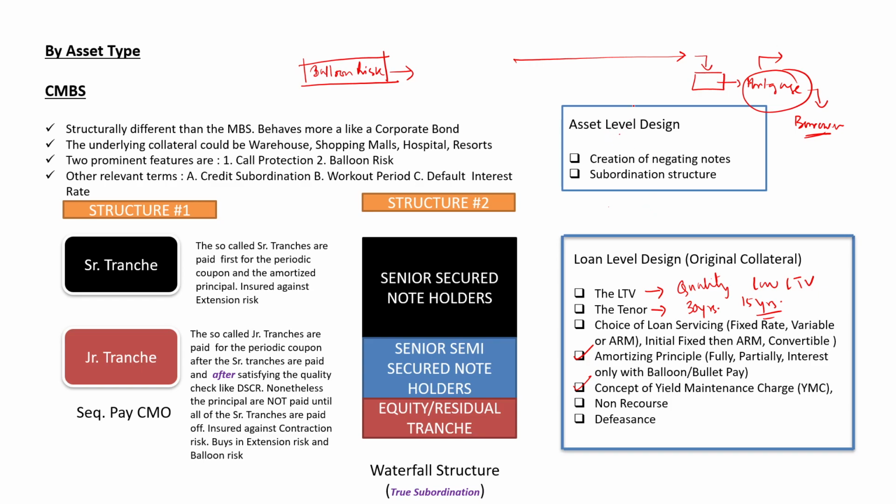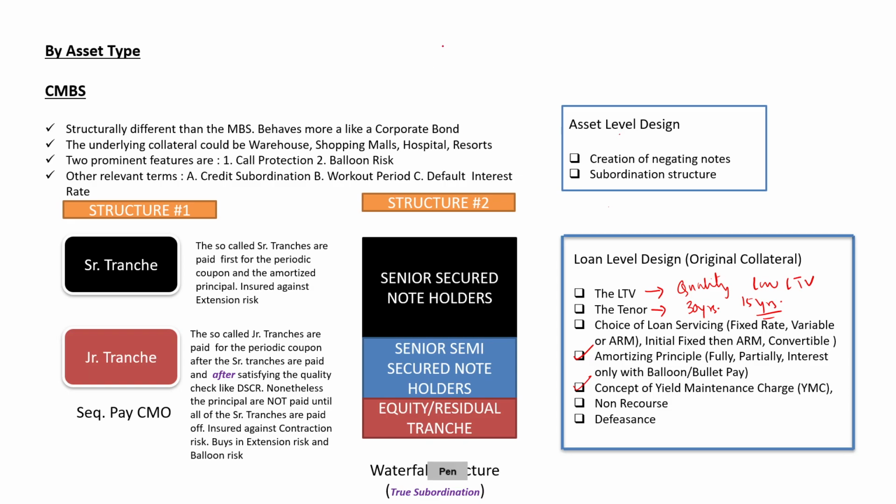Another aspect is that in the CMBS structure, if it is a sequential pay CMO structure, then there are certain metrics that are followed after the senior tranches are paid. And that is the establishment of a desirable DSCR ratio. The DSCR, that is the debt service coverage ratio, is nothing but the net operating income from the underlying property themselves.